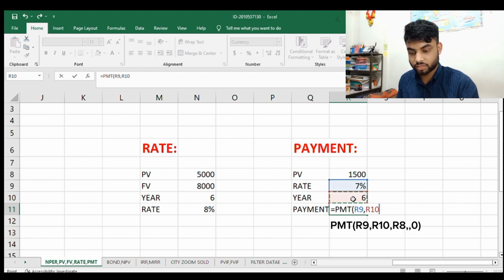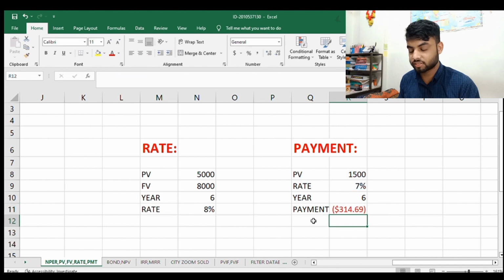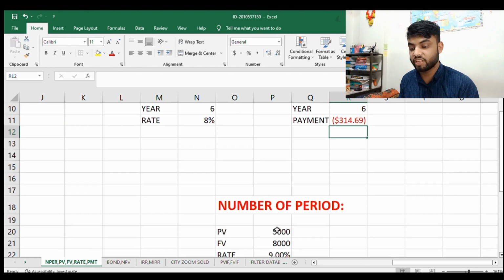Here we do not need future value, so just a comma, and it is the end of the period, so we enter 0, then close the bracket and enter. Here we got our payment, $314.769.